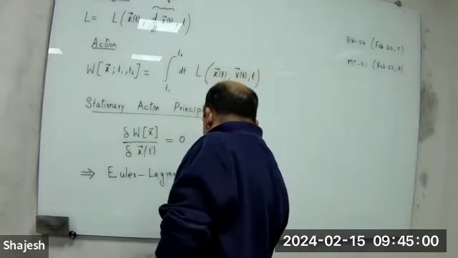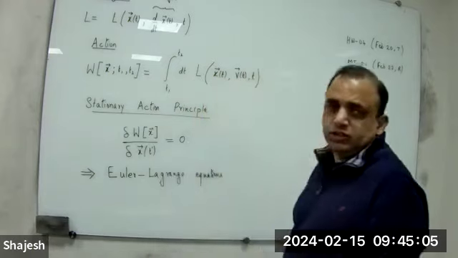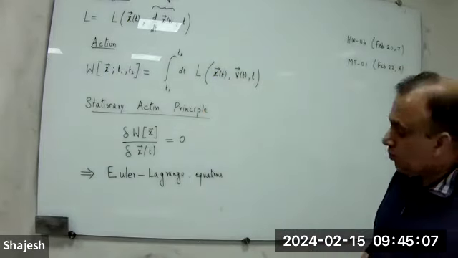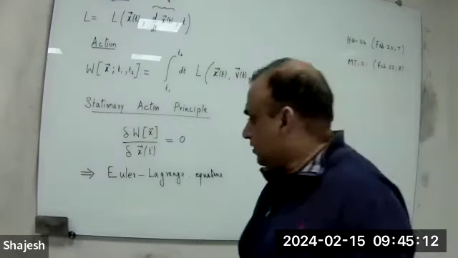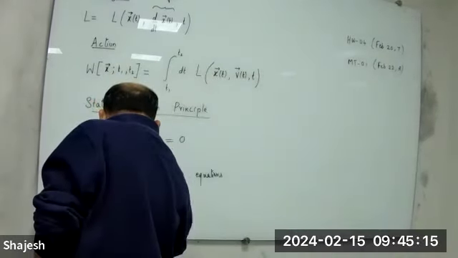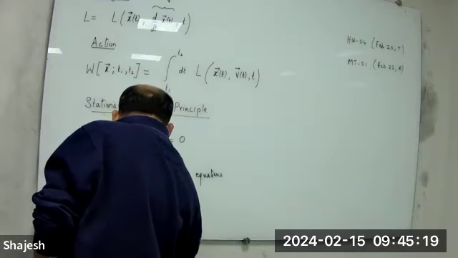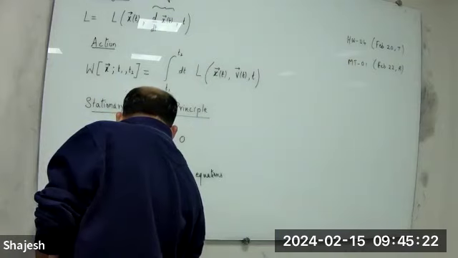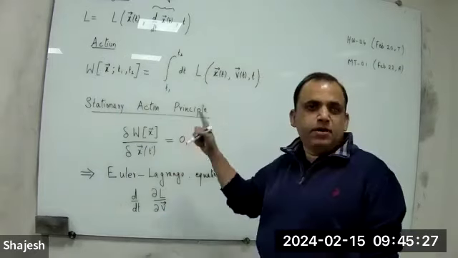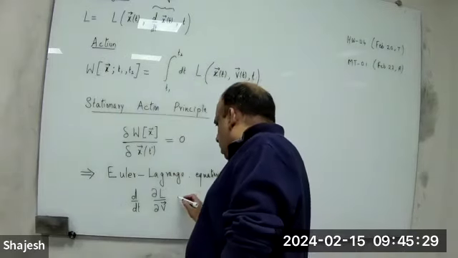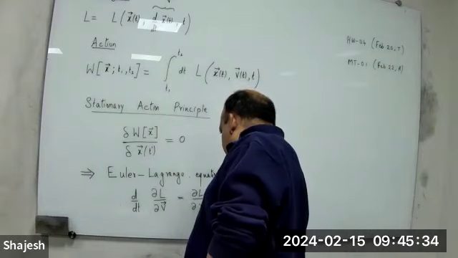So Euler-Lagrange equations, these are basically Newton's laws for the case of the Lagrangian. And that reads, d by dt of the partial derivative of the Lagrangian with respect to velocity, again, velocity is the time derivative of position, is equal to the partial derivative of L with respect to x.